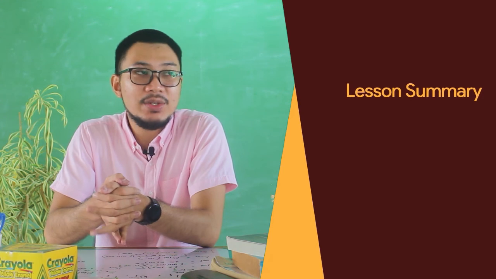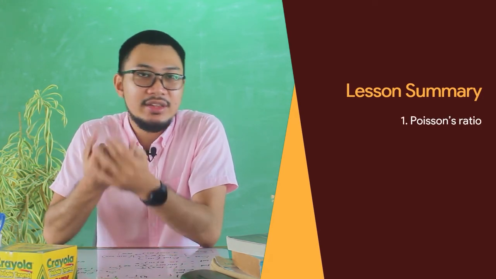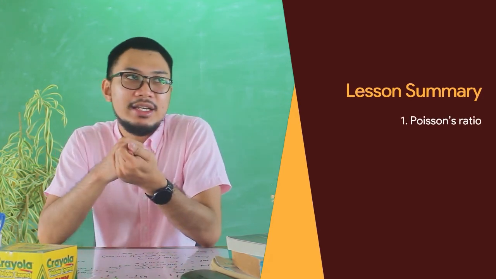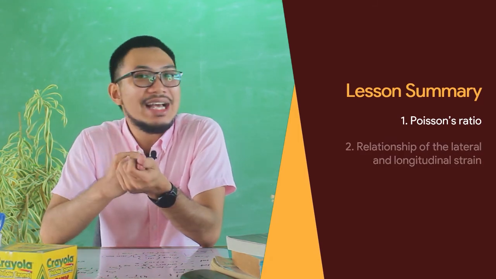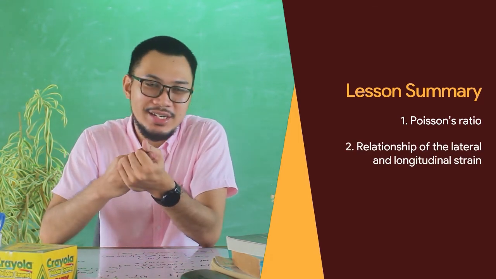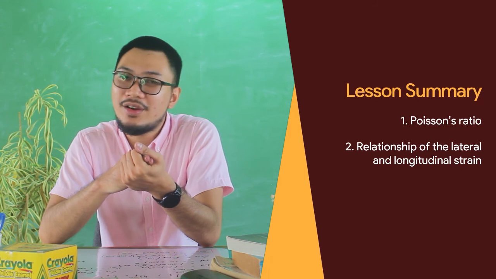I hope that you have learned its concept and you knew your lateral strain and longitudinal strain, because those two are very important when you're solving Poisson's ratio. And that's it for this lesson. I hope you understood all of these things that I've talked about, and see you on our next lesson.